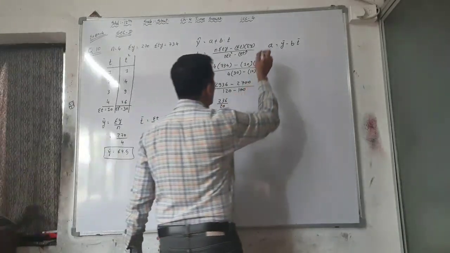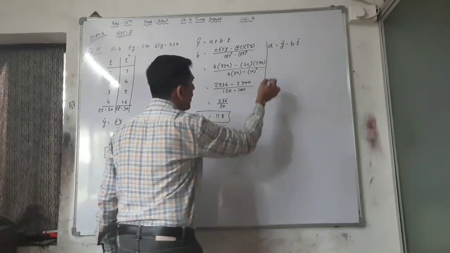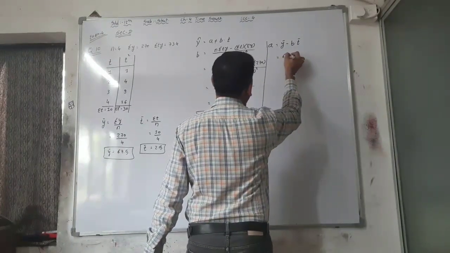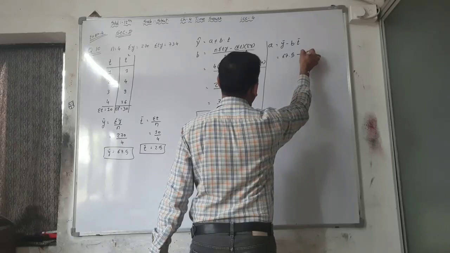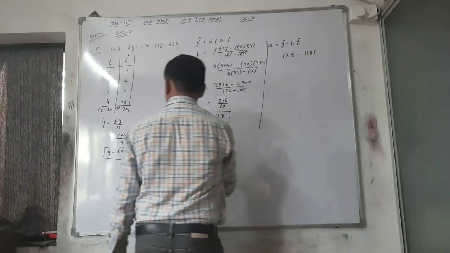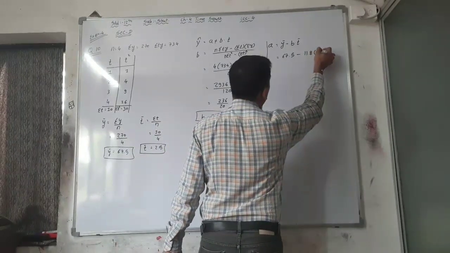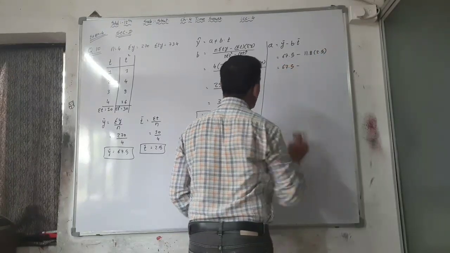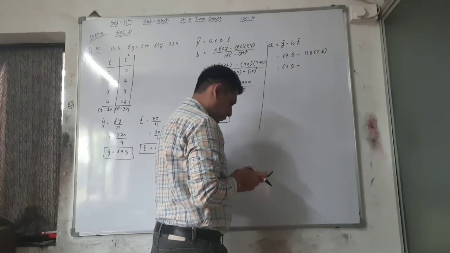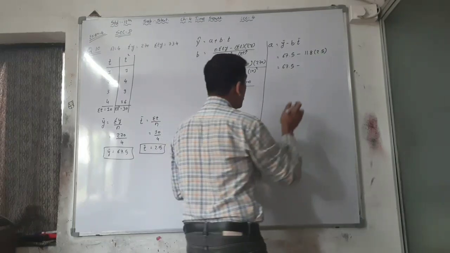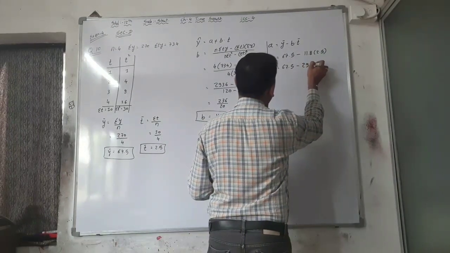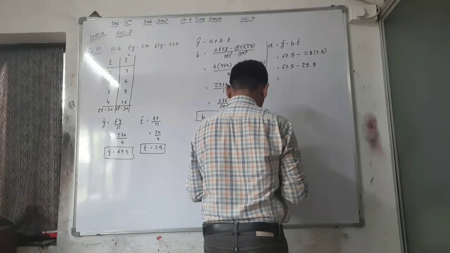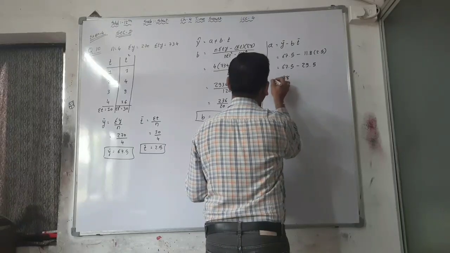Now put the value here into A. A is equal to y bar, that is 67.5, minus B, which is 11.8, into T bar, which is 2.5. So 67.5 minus 29.5 is equal to 38.